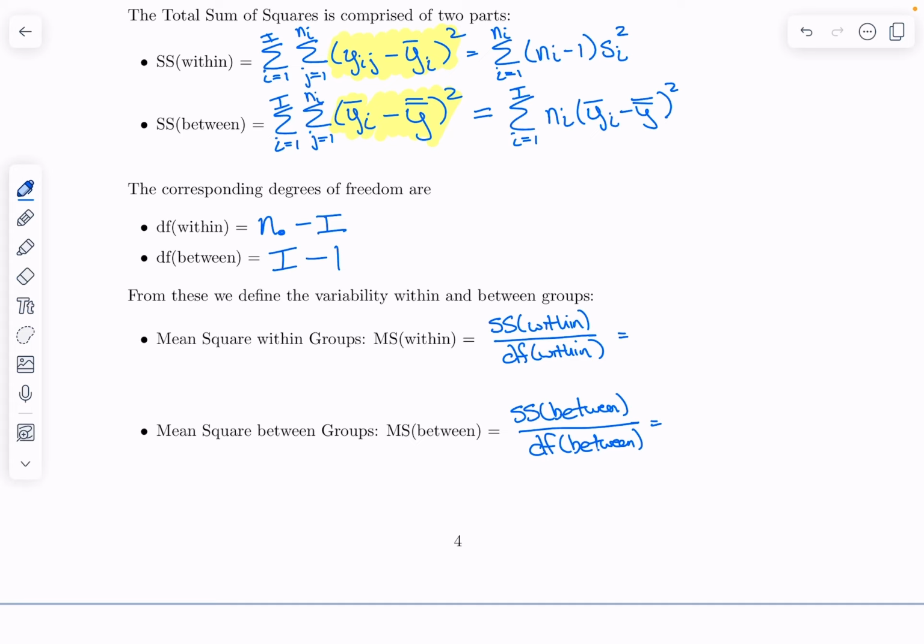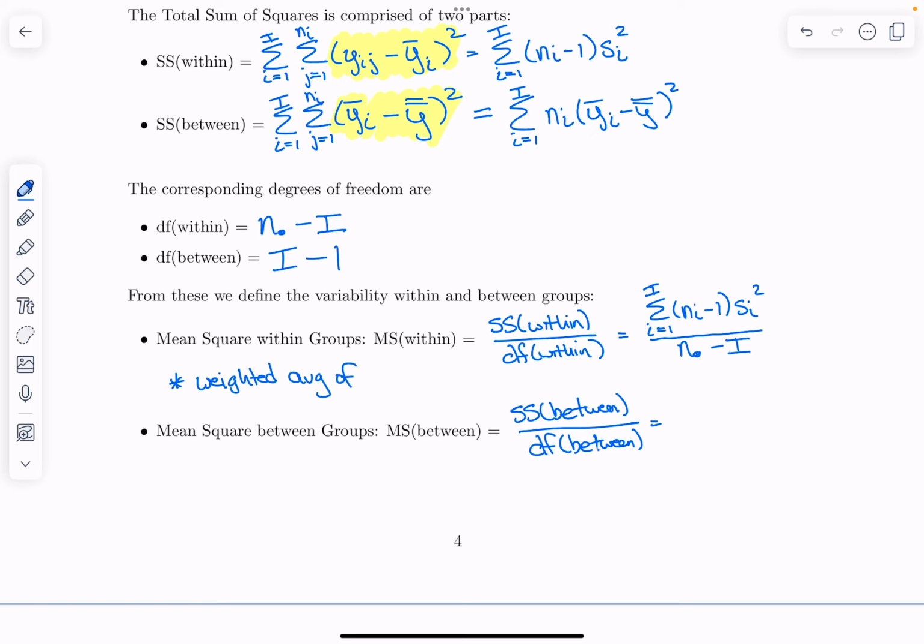So this mean square within is going to be the sum from i equals 1 to capital I. I am now realizing that I made a mistake way back here, where I was summing over all the groups, so that's capital I. And then that's going to be n sub i minus 1 times s sub i squared over n dot minus I. What this really is, is a weighted average of group variances, because I have my group variances, the s sub i squareds, and I'm multiplying them by the sample sizes minus 1.